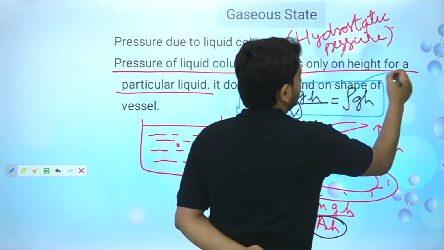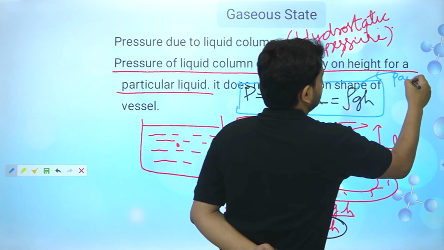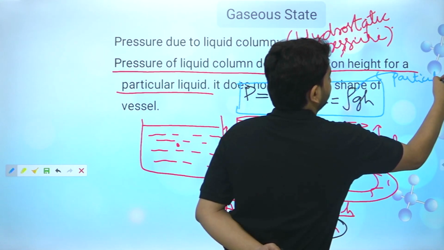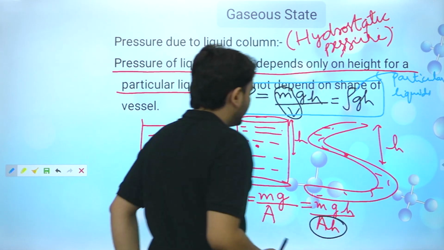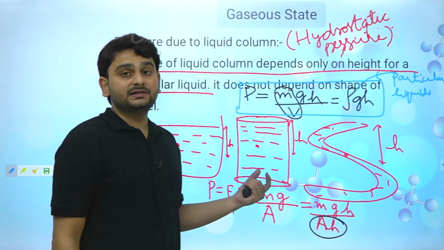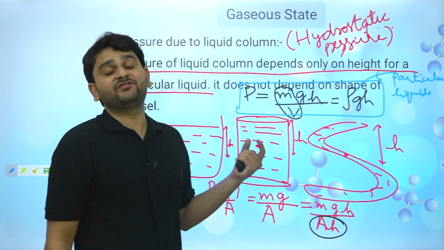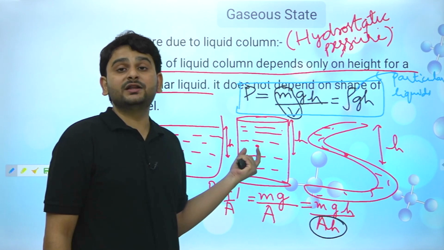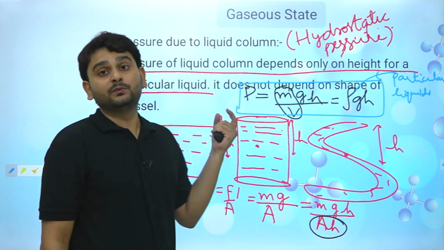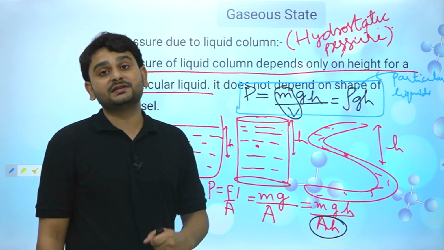Rho is for a particular liquid. It's different for different liquids. So if the liquid is the same in all shapes of the container, then the only differentiating factor will be the height. If the heights are the same and the liquid is also the same, the pressure at that point would be the same.